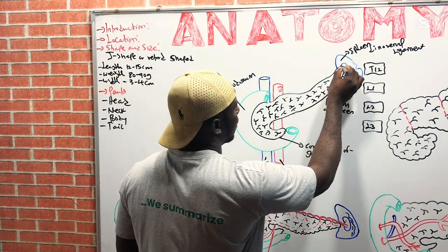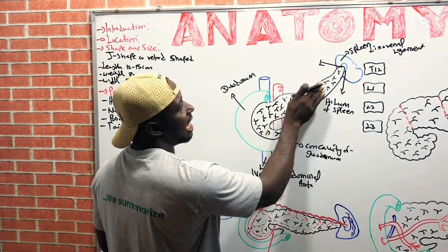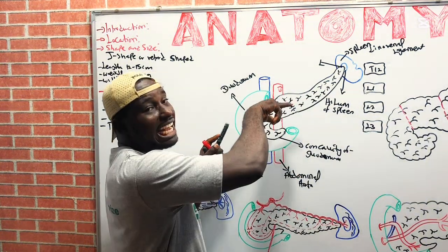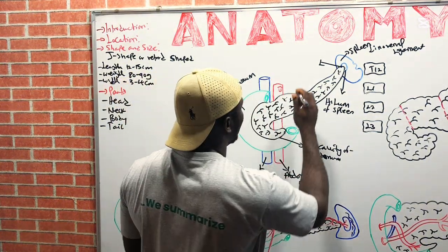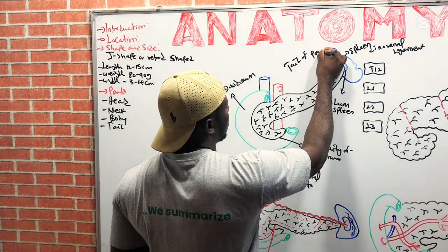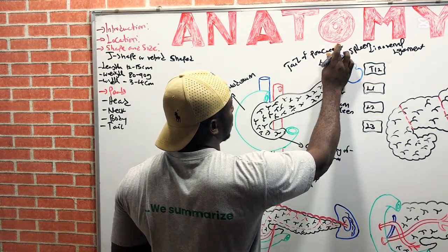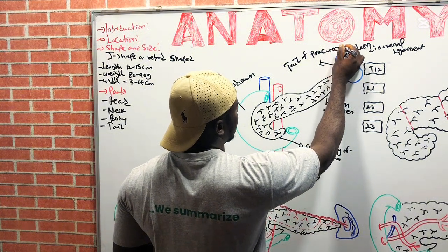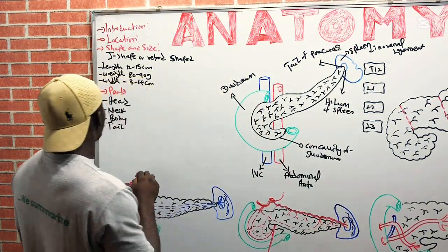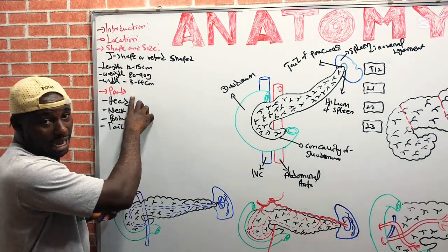This is the tail of the pancreas because it continues to the hilum of the spleen as it lies obliquely on the posterior abdominal wall. So these are the parts of the pancreas.